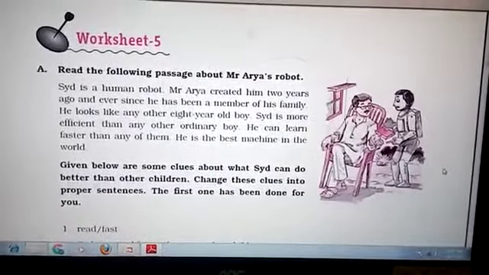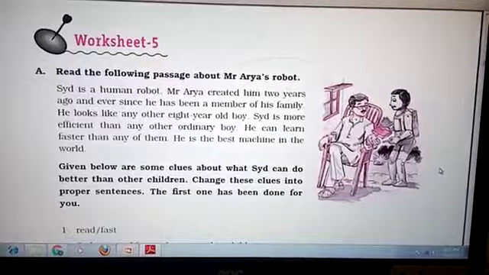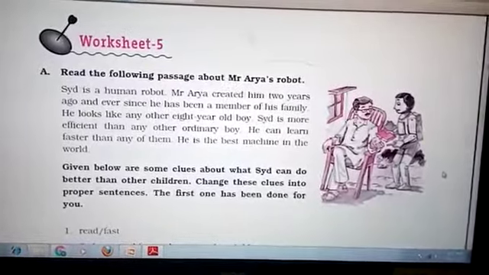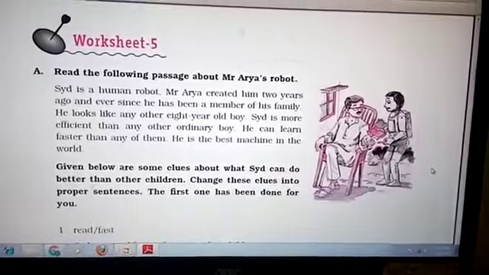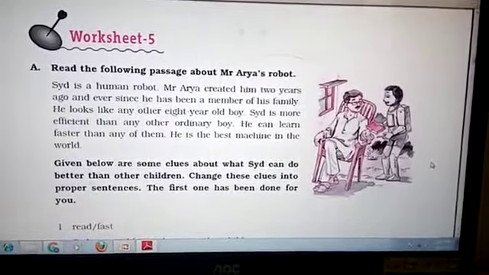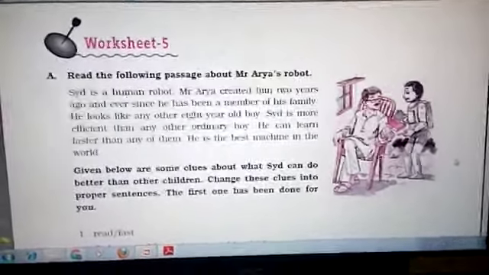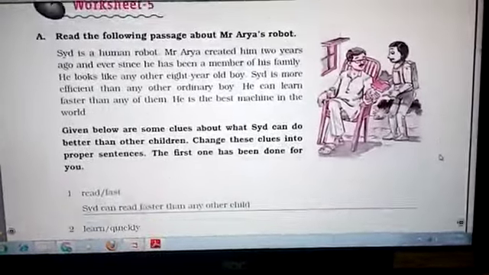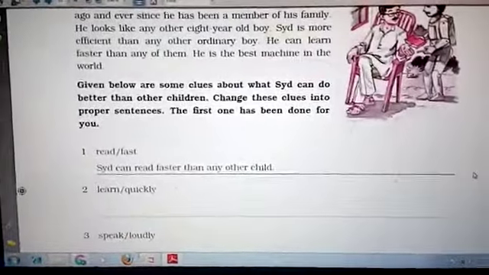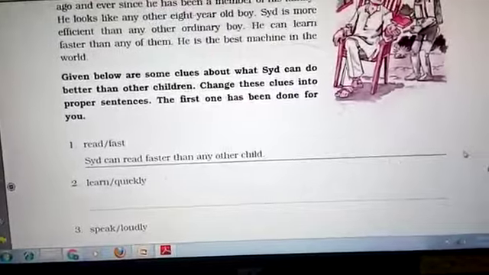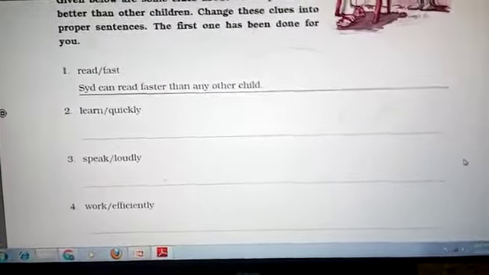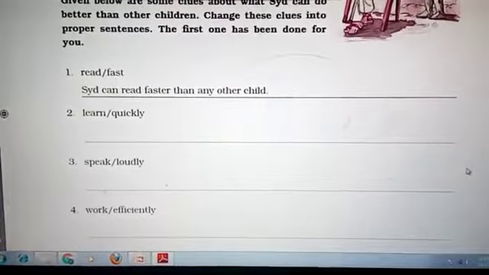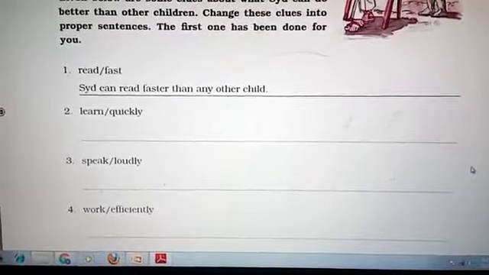Given below are some clues about what Sid can do better than other children. Change these clues into proper sentences. First one has been done for you. See, 2 words are given here. One is read and the other is fast. And the sentence: Sid can read faster than any other child.